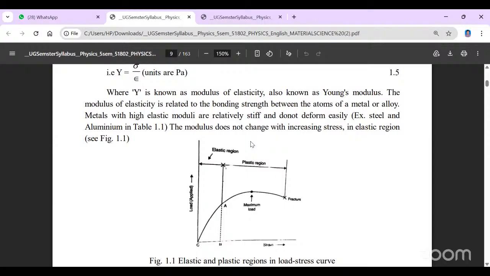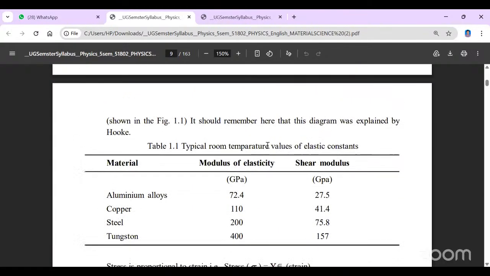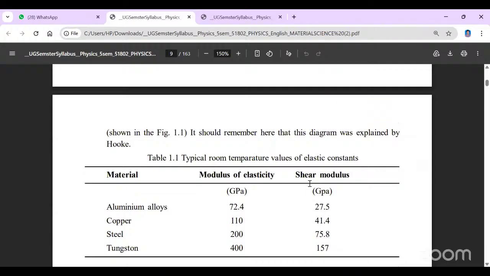Okay. So now suppose we have different materials, like aluminum, copper, steel, or tungsten. If you compare the modulus of elasticity for these different cases, the highest value is tungsten.